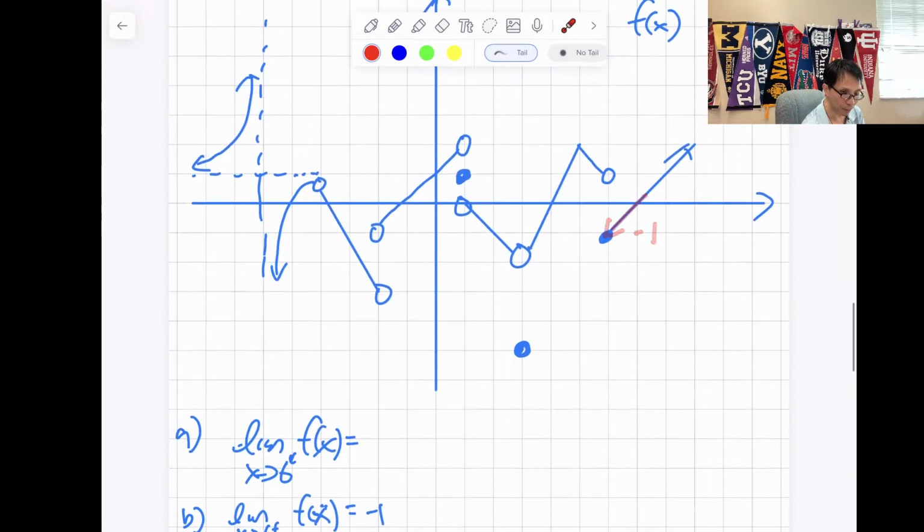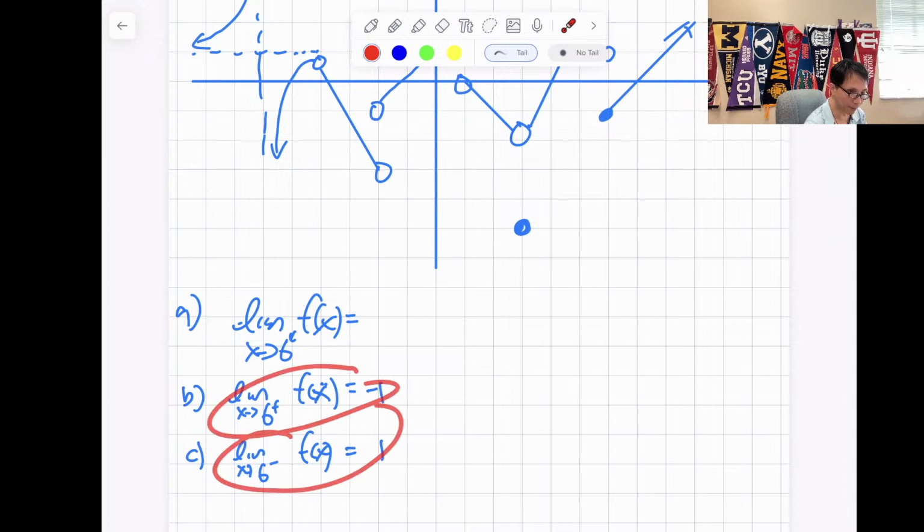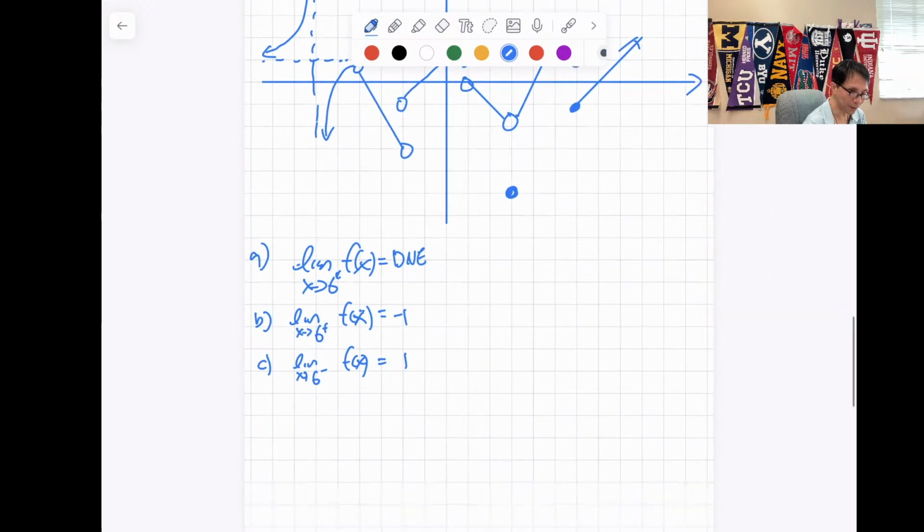If I'm approaching from the negative value, it's going to be +1. So here I can say the limit as x approaches 6 from the negative side of f of x is going to be +1. Therefore, due to those two, this limit does not exist. Is that okay? So what's f of 6?